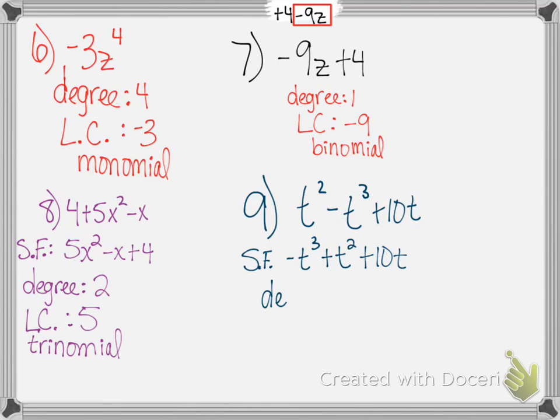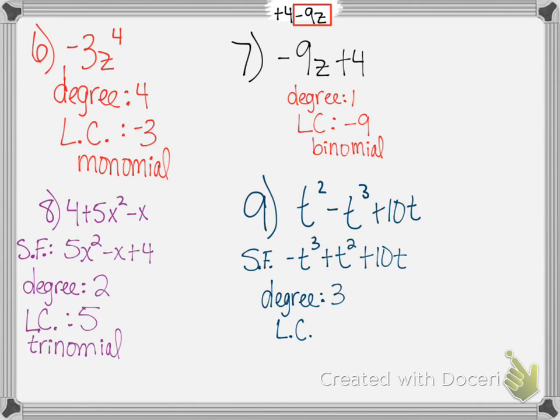What is our degree? The biggest degree of all the terms, which is 3. The leading coefficient is what? What's the first term when it's in standard form? Negative t cubed. So what is the coefficient on the variable? 1.